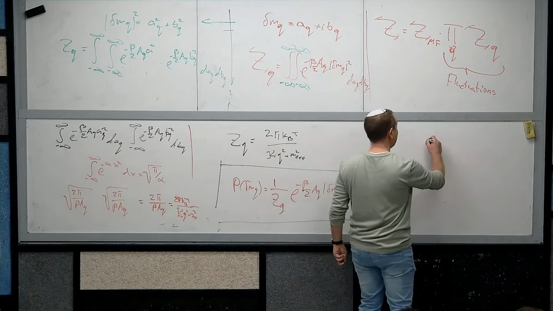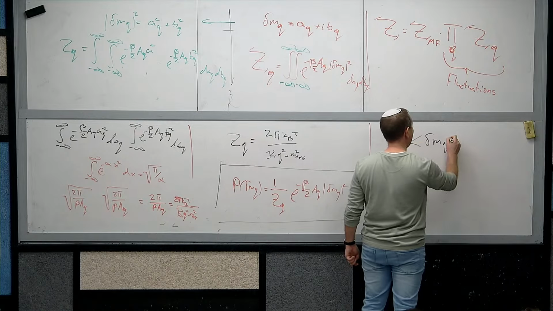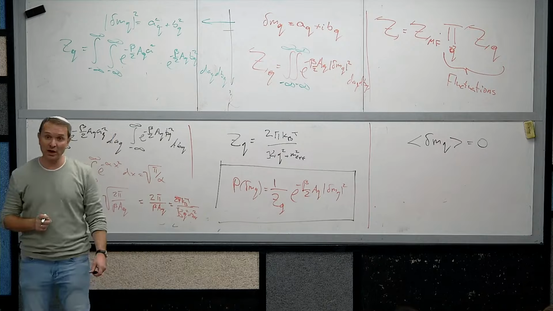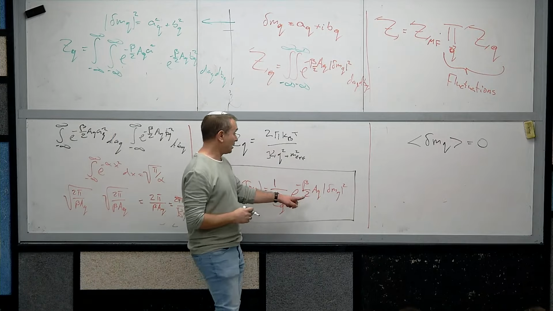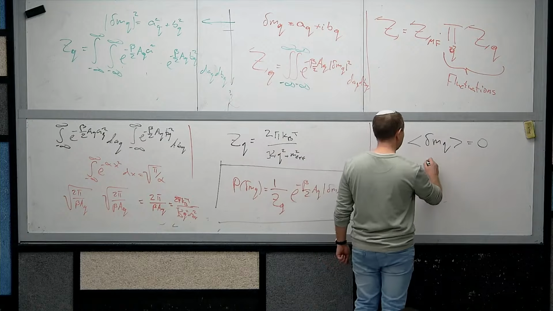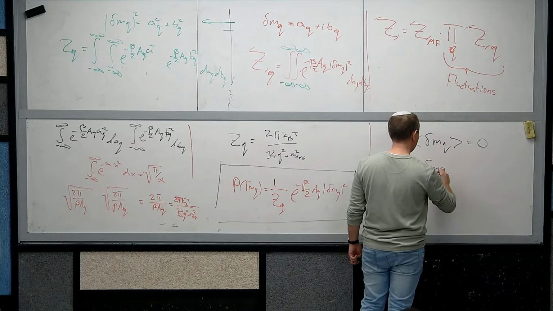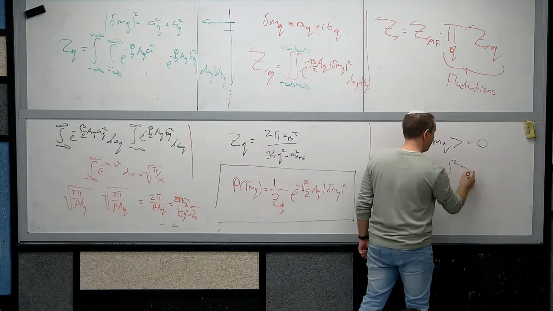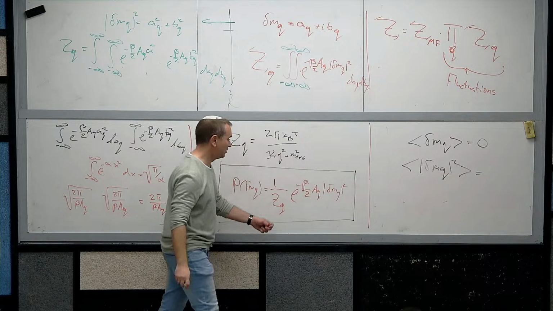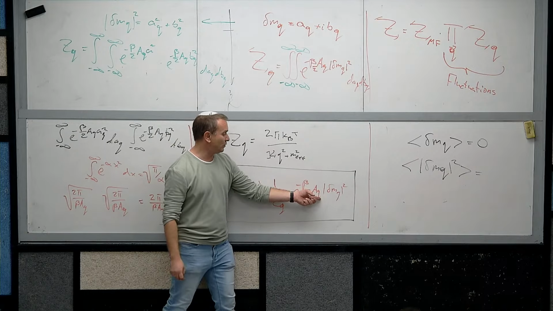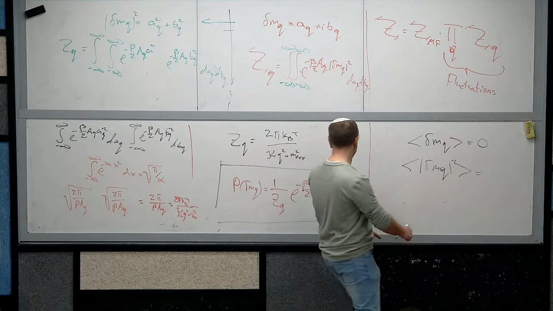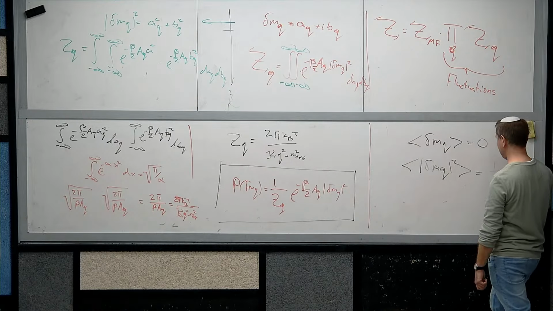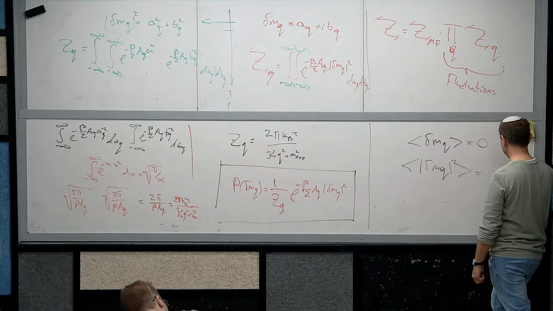This means that the average of delta m_Q equals 0. And I know that the average of the absolute value of delta m_Q squared equals A_Q divided by whatever stands over there, so it is 1 over beta A_Q.